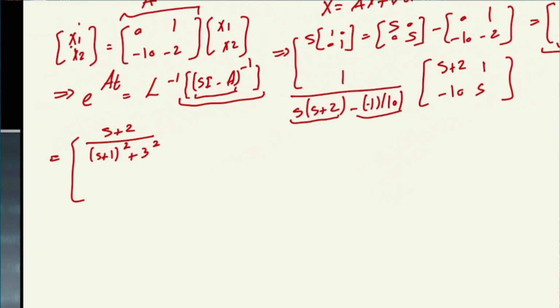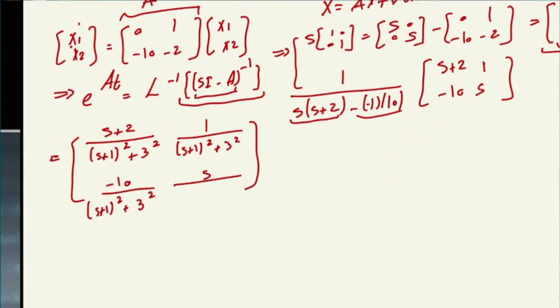Then the second one would be 1 divided by (s plus 1) to the power of 2 plus 3 to the power of 2. The third value is negative 10 divided by (s plus 1) to the power of 2 plus 3 to the power of 2. And finally, I have s divided by (s plus 1) to the power of 2 plus 3 to the power of 2. So at the end of the day, my e of At is going to be something like this.